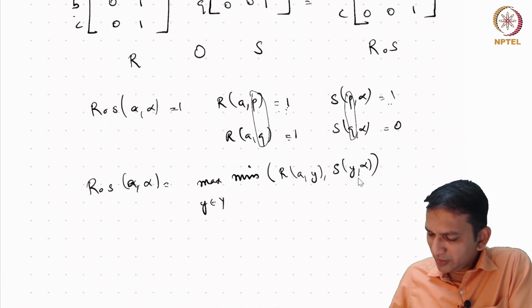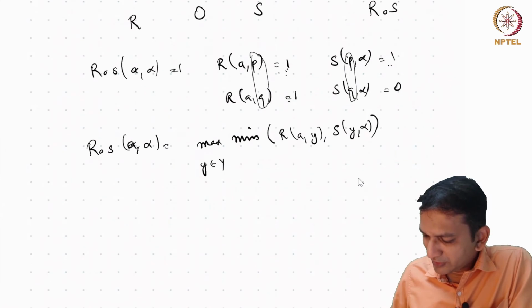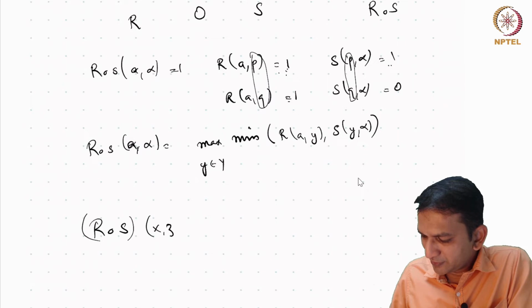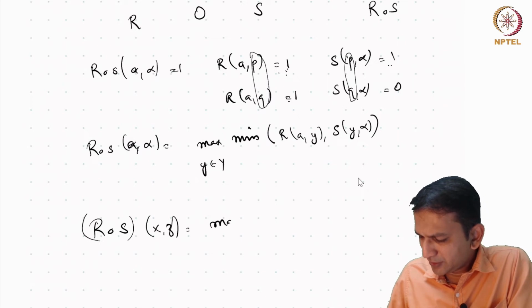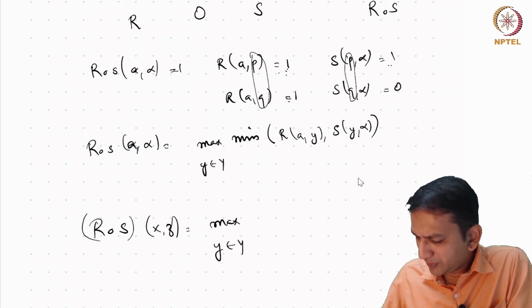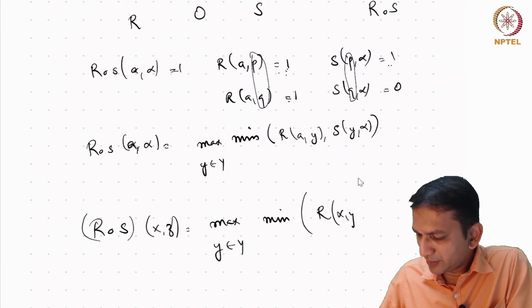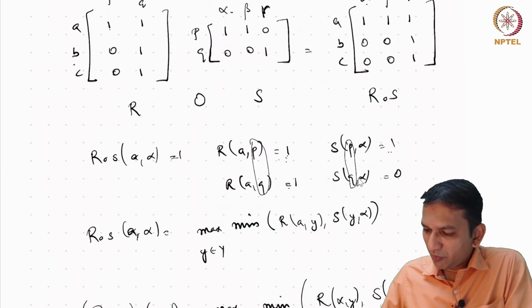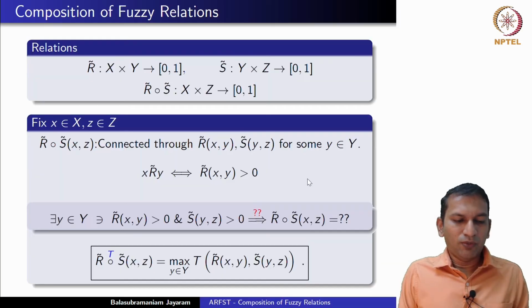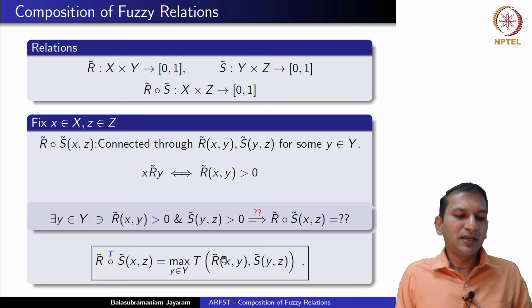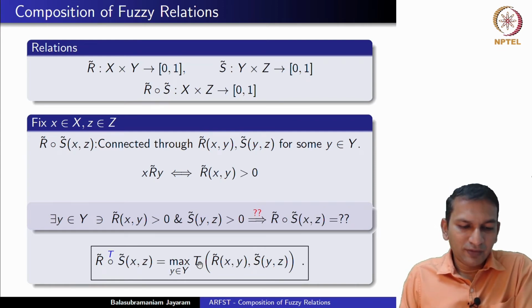So now you see here, essentially all we are saying is R circle S of x comma z is max over y element of Y of min of R of x comma y, S of y comma z. So essentially what we are doing is what we call a max min composition, but we generalize it to max T composition.